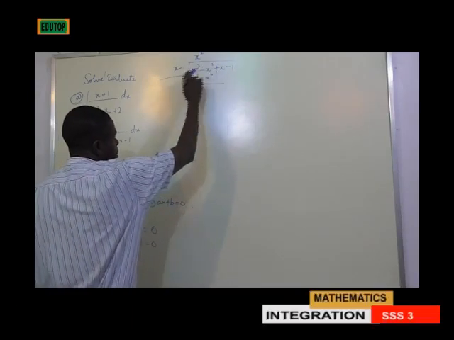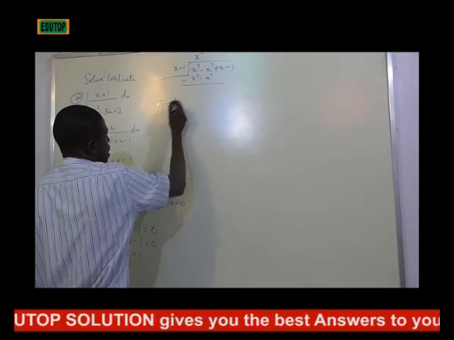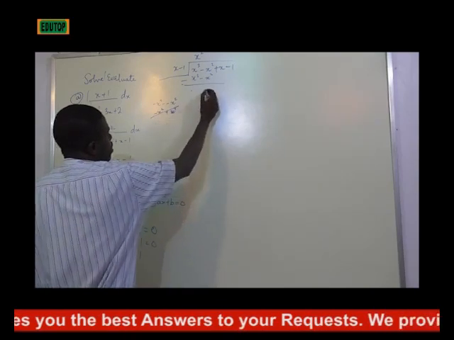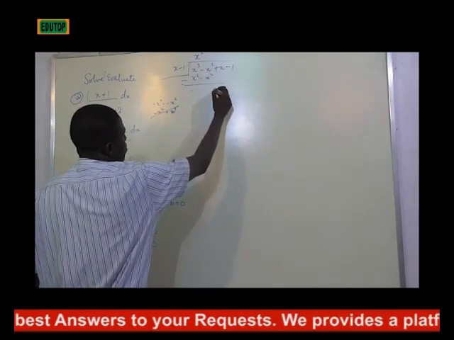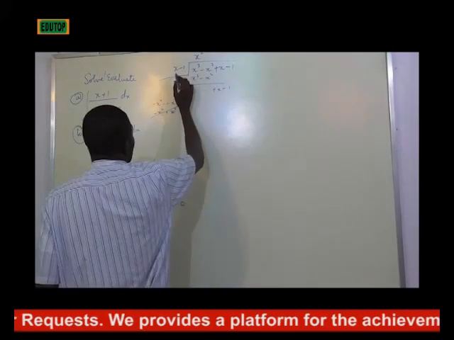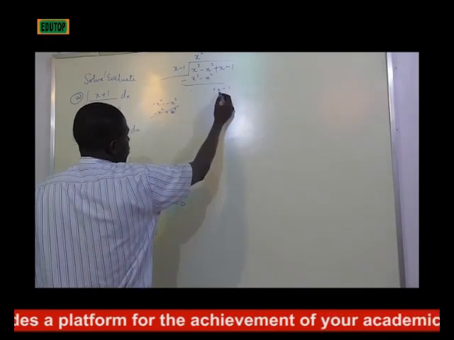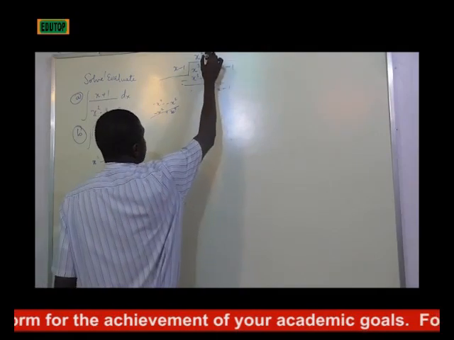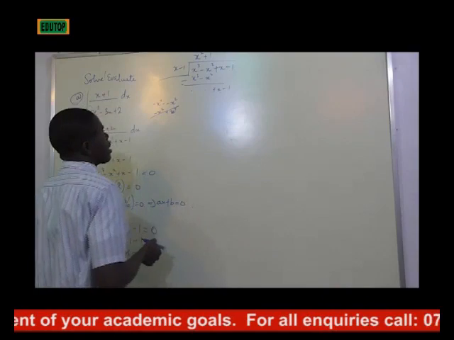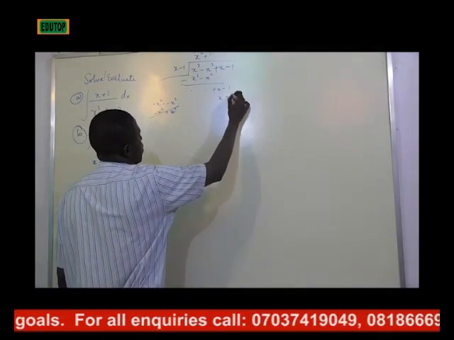Minus x squared minus x squared. So this one will be minus x squared plus x squared, and this one also cancels. Then I bring this one down. So x in x, that's plus 1. 1 times x, that will be x. 1 times this, minus 1.